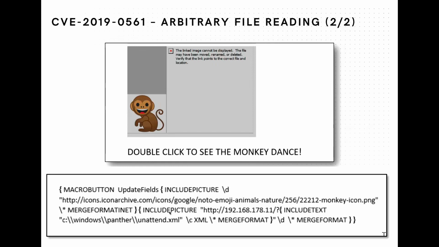If this include picture field would be updated, we would send the text of the unattend file to this malicious web server. But now we just needed to force it to update. Microsoft's patch said, well, we won't update this include text anymore.